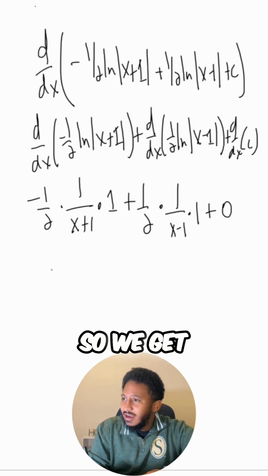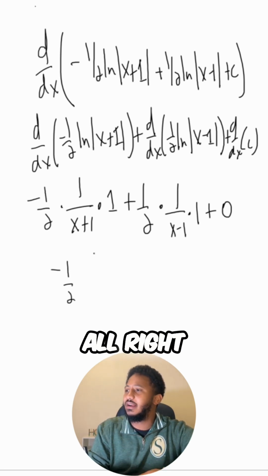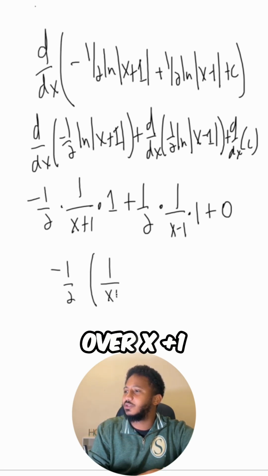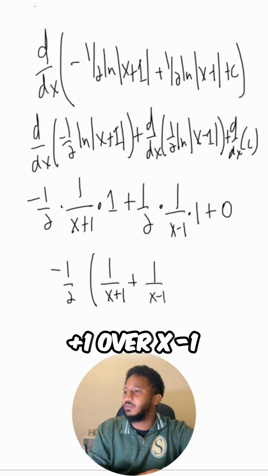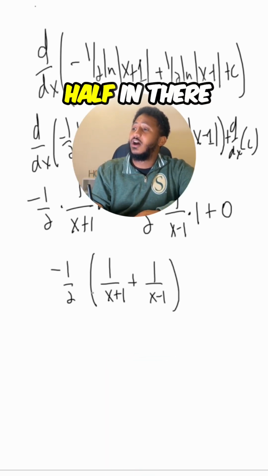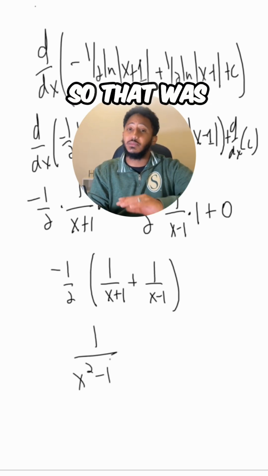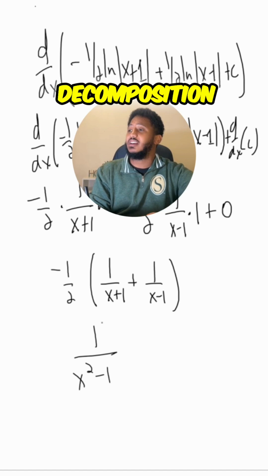So we get negative 1/2, and I'll factor out a negative 1/2, of 1 over x plus 1 plus 1 over x minus 1. And we showed earlier that with this negative half in there, we end up with 1 over x squared minus 1. So that was our partial fraction decomposition that we showed earlier.